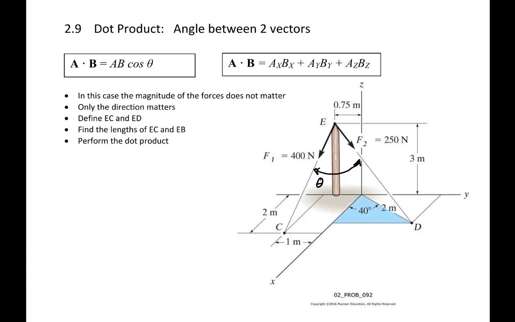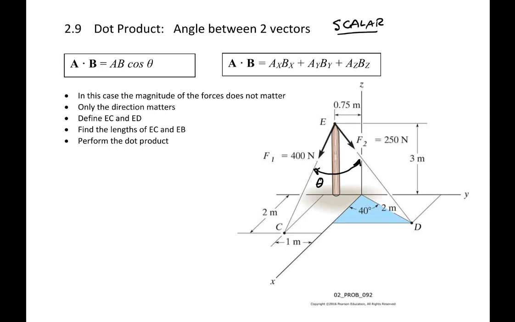You can see that this is going to be a scalar number when you get done. For example, if ax was 2 and bx was 3, you multiply them together, you get a 6. You don't get 6i in this case. You're just going to get the magnitude. So this is called the scalar product, and that means that when you get done, all you're getting is a scalar number.